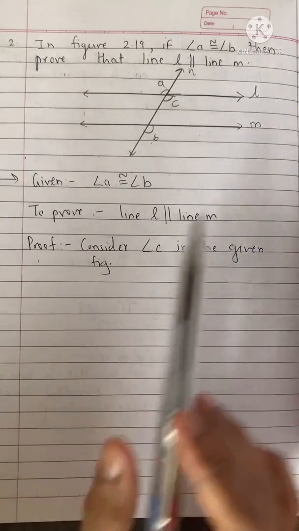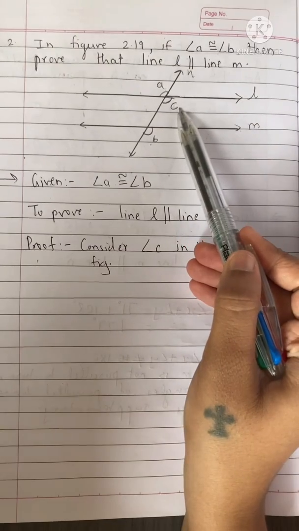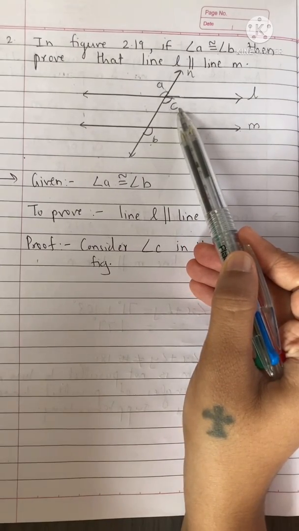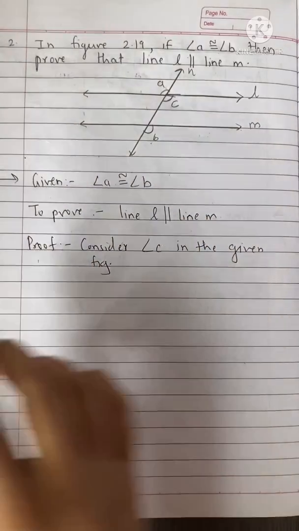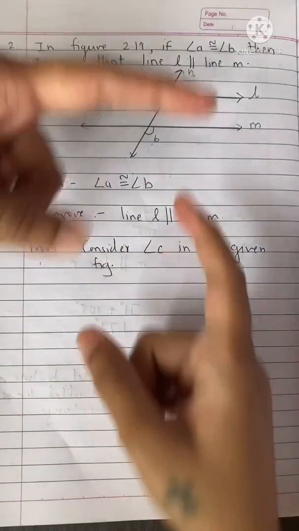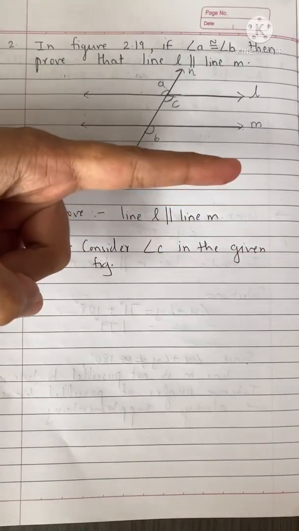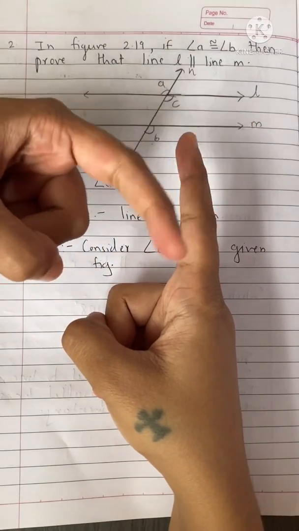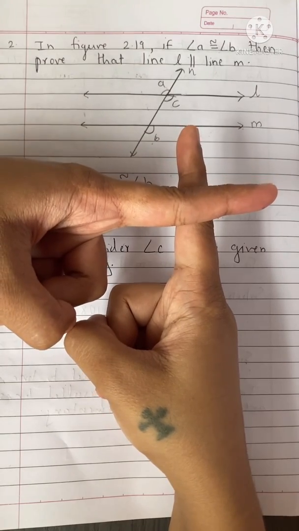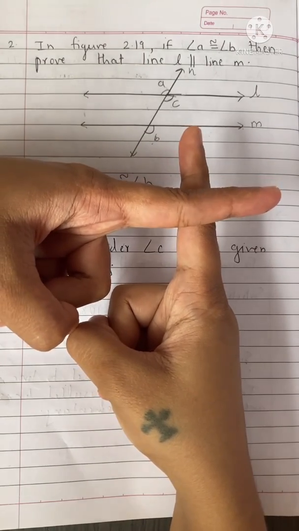Now can you see angle A and angle C are vertically opposite angles, or opposite angles, exactly opposite angles. So we have already learned in the property of lines that whenever 2 lines intersect like this, we get vertically opposite angles or opposite angles, and we already know that opposite angles are always congruent.